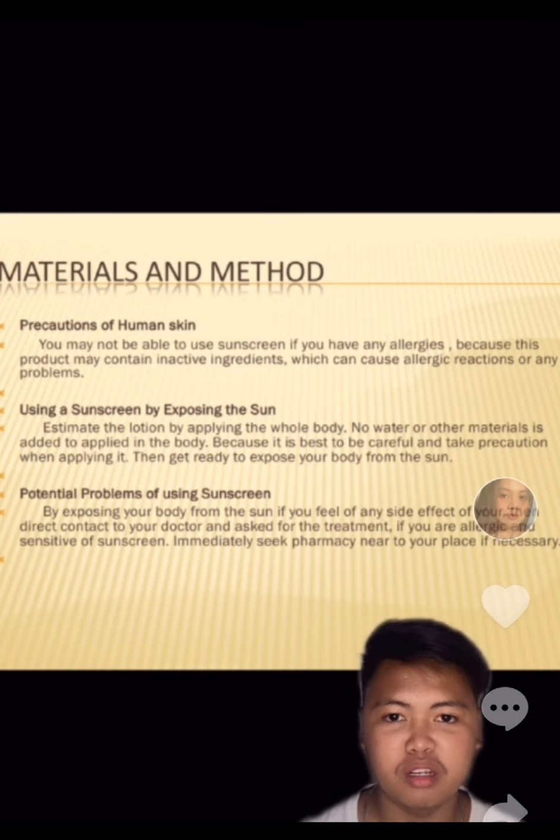Then get ready to expose your body to the sun. Potential problem of using sunscreen. By exposing your body to the sun, if you feel any side effect, then directly contact your doctor and ask for treatment. If you are allergic and sensitive to the sunscreen, immediately seek a pharmacy in your place if necessary.